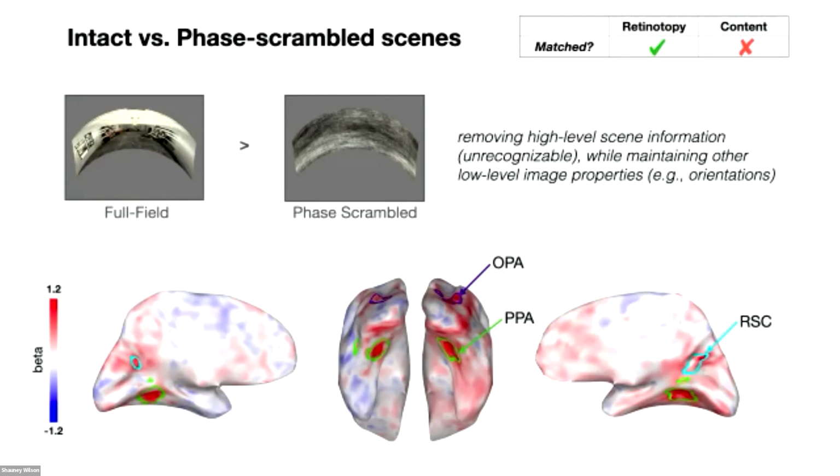This is the activation difference map between the two conditions, and overall the scene regions, as well as some lateral parts of the high-level visual areas, show higher activation to the full field condition. Especially, this difference was strongest and most robust at the PPA, then the OPA, and the RC was somewhat mixed, or this difference was weaker.